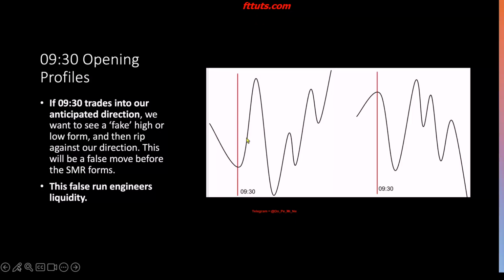We are bullish on the marketplace. From 9:30 on, we see that the market rips higher and it forms a high. Again, what does every retail minded trader think when they see that? They want to buy that market. And what occurs afterwards is that sell side delivery occurs and the market gets repriced below the sell side liquidity that was engineered from the 9:30 opening.